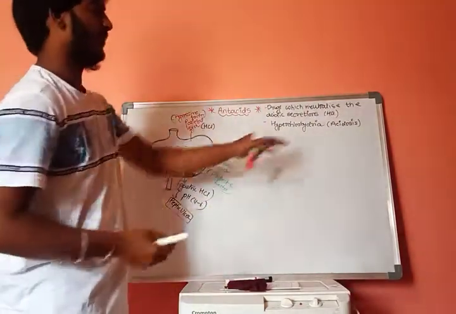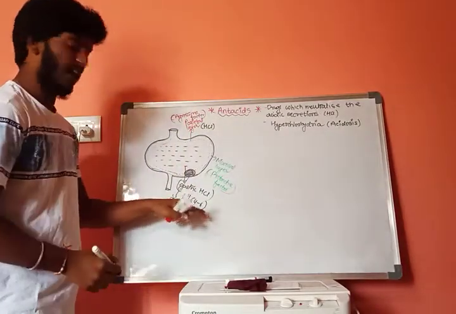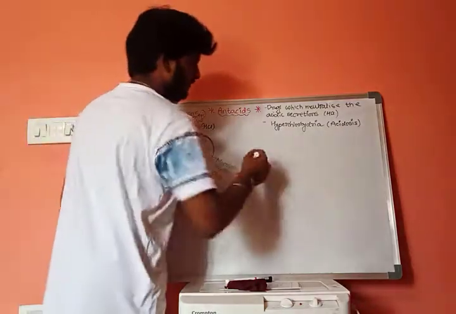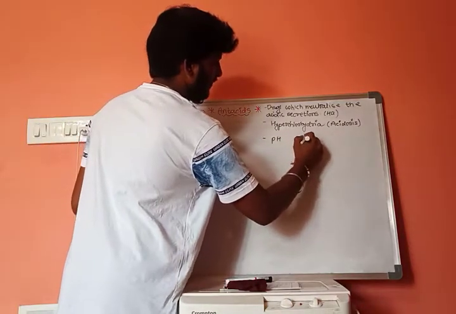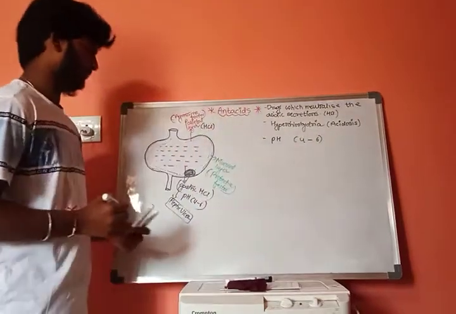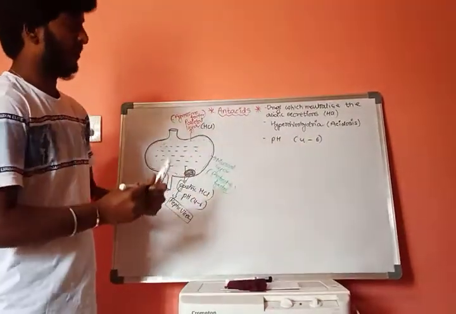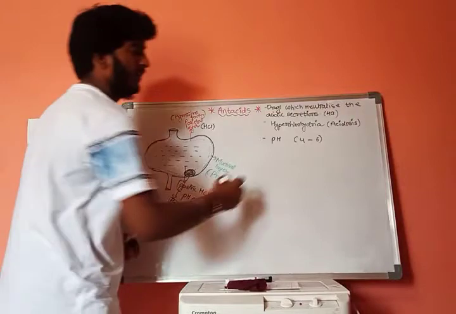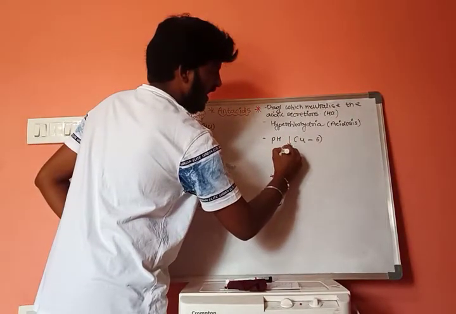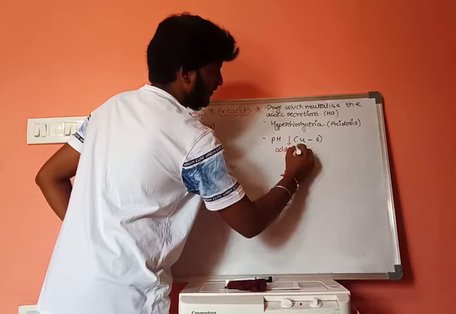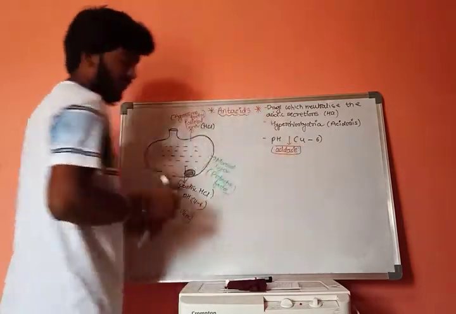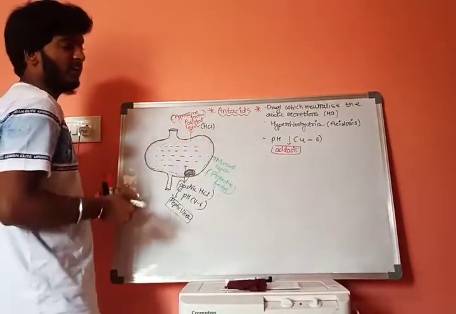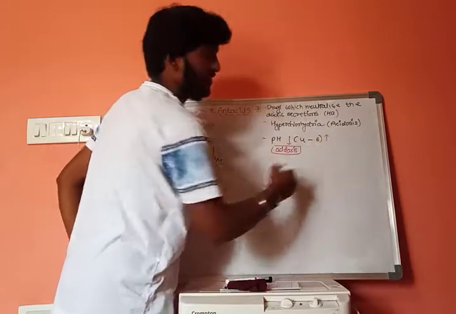Now the normal pH of the stomach is between 4 to 6. Whenever the pH level is less than 4, it results in acidosis. Whenever the pH value is more than 6, it results in alkalosis.